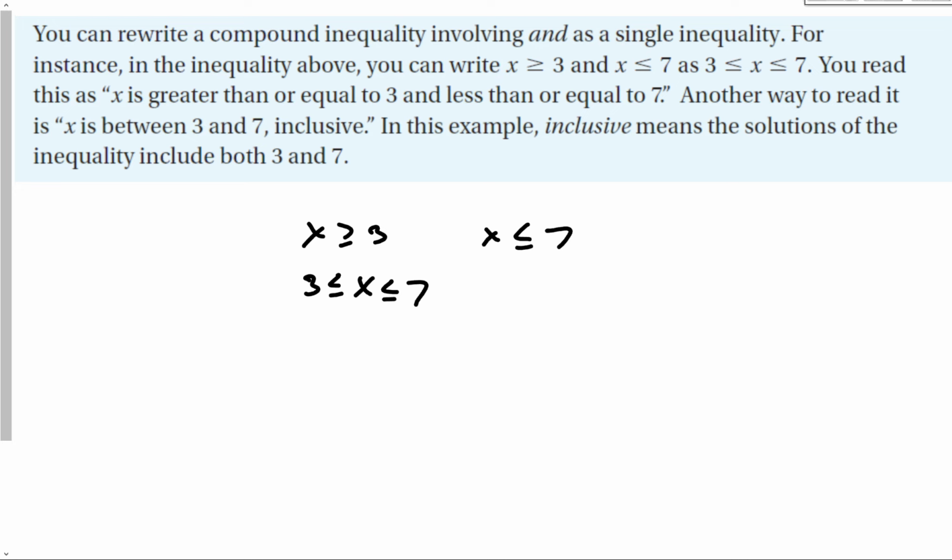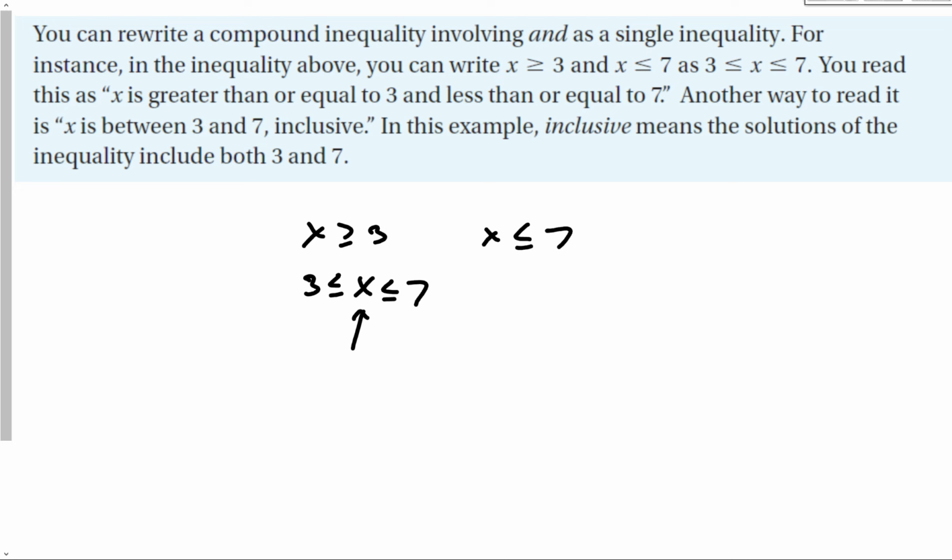The way we read this is we start at the variable. We say x is greater than or equal to 3 and less than or equal to 7. Another way to read it is x is in between 3 and 7 inclusive, because x is in between these two numbers on the outside. And inclusive means or equal to.